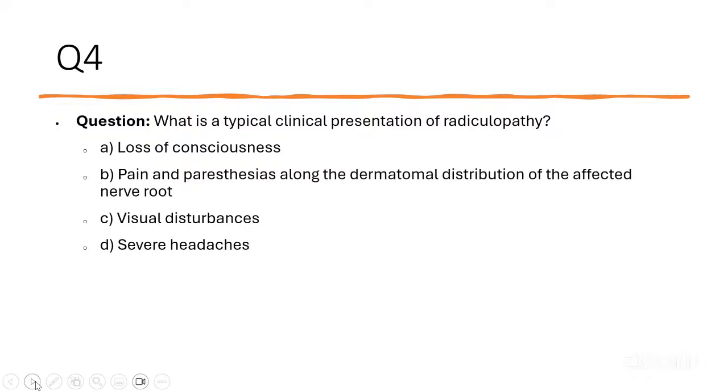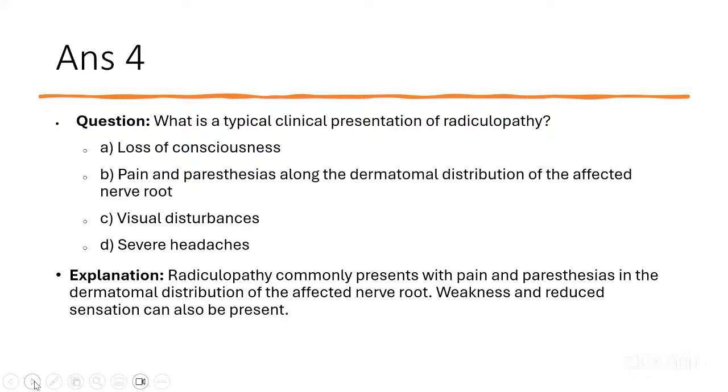L4. Very good. Interdigital space between the great toe and second toe? L5. So you should know the dermatomes. The question is framed only so that you remember all the dermatomes.